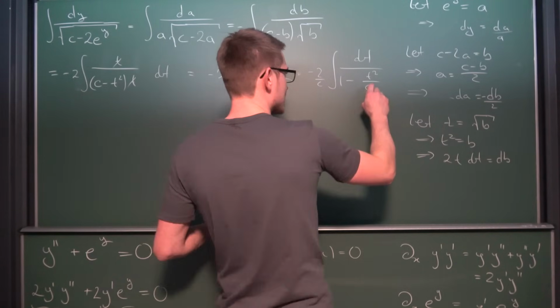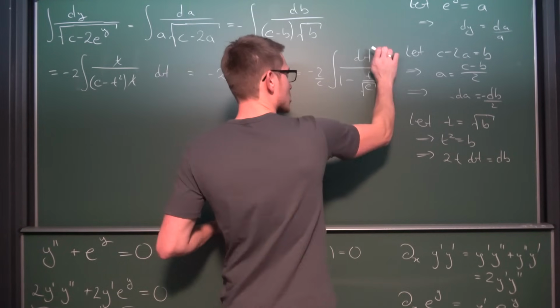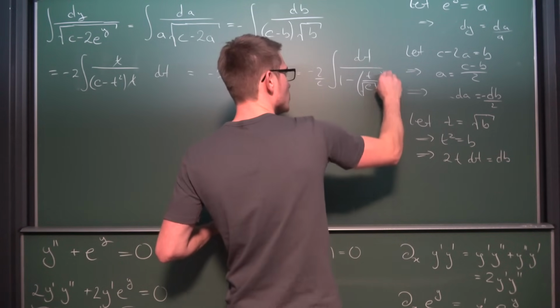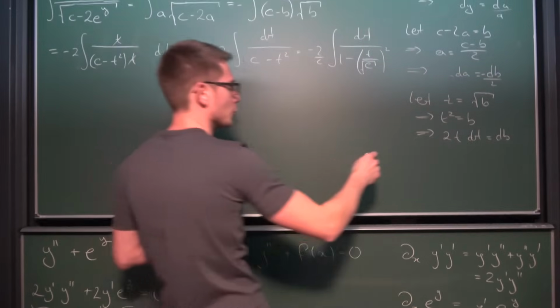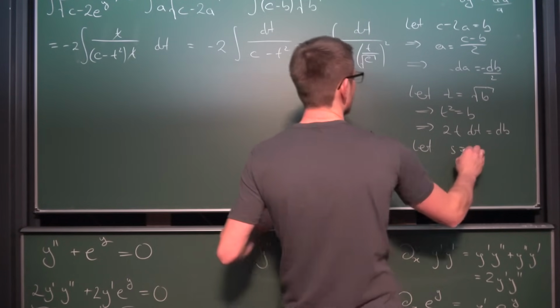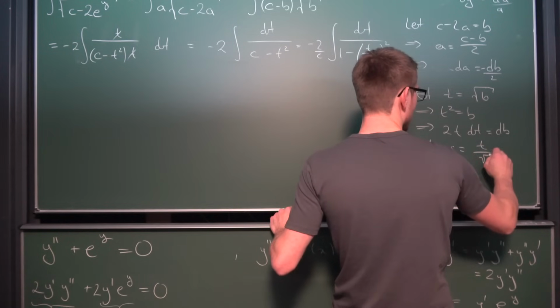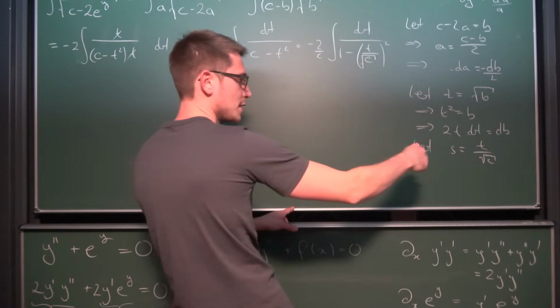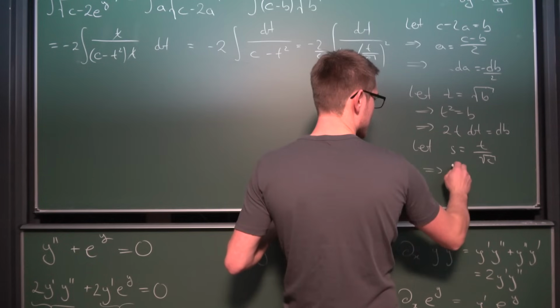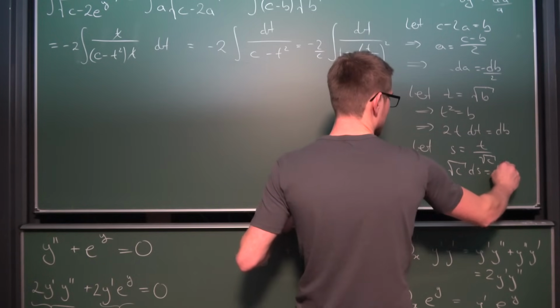Then you would say that c is the same as the square root of c squared. Then you can drag the square to the outside using exponentiation rules. And now you can substitute for a new variable. Let s be equal to t divided by square root of c. Multiplying both sides by square root of c gives us that square root of c ds is equal to dt.